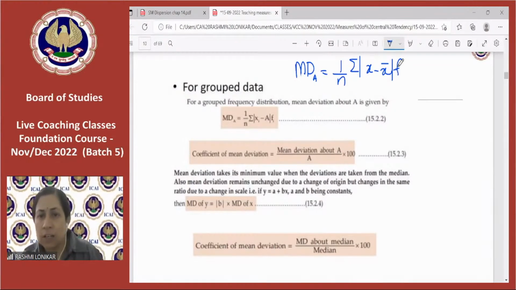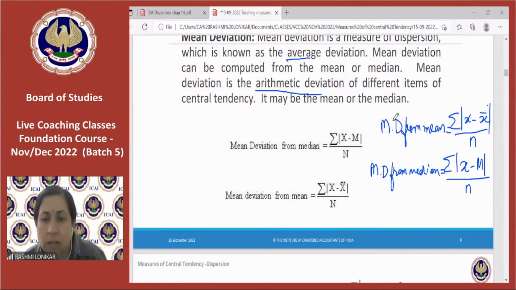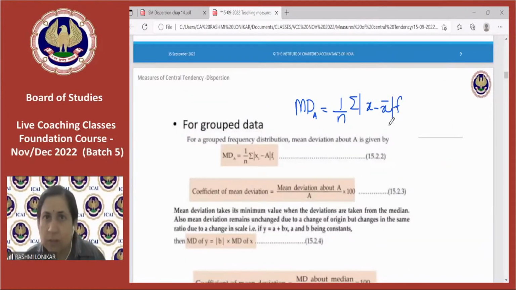Earlier we just found x minus x bar. Now here we find the difference, multiply it with the frequency of that class or observation, add all these multiplications up, and divide by n, or the summation f.